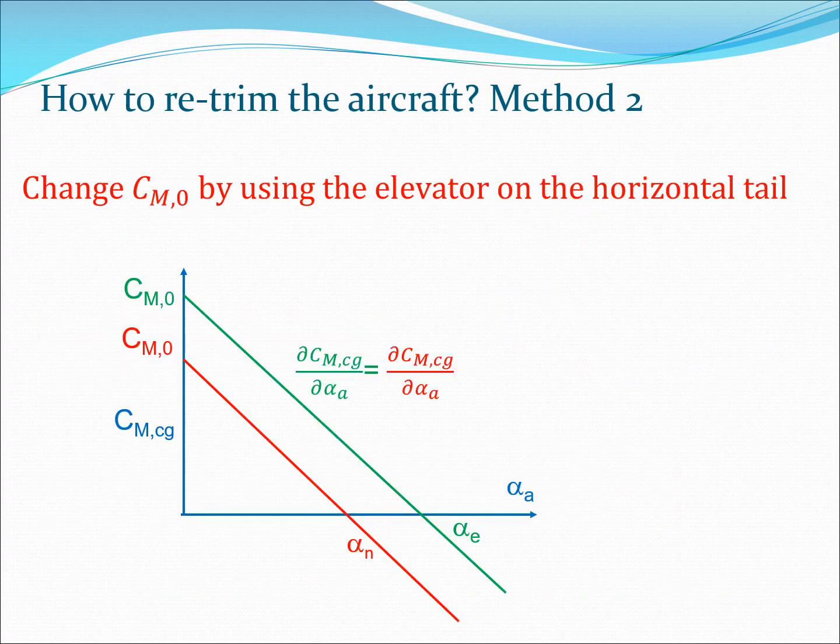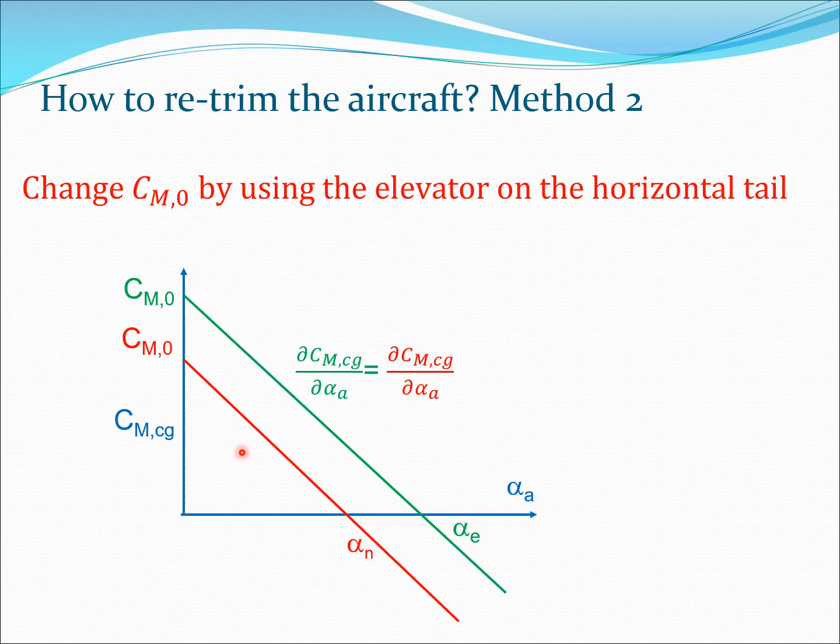So what is a more realistic method would be to actually shift this line, that is change the CM0 value, and this can be done by using the elevator, which is the control surface which is put on the horizontal tail. So essentially the idea here would be that you would have this green line here. This is a trimmed condition.